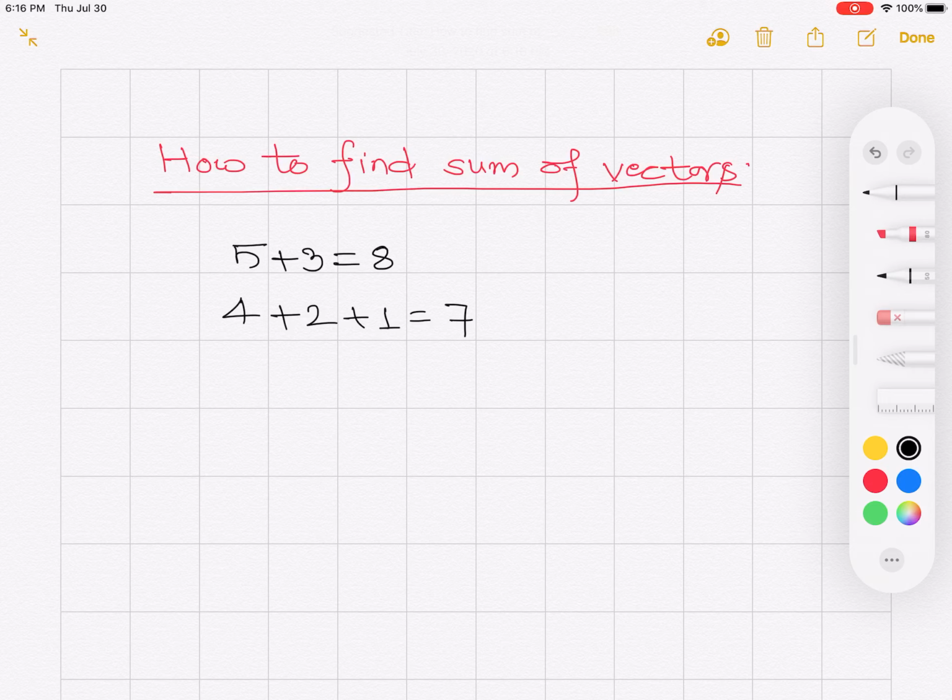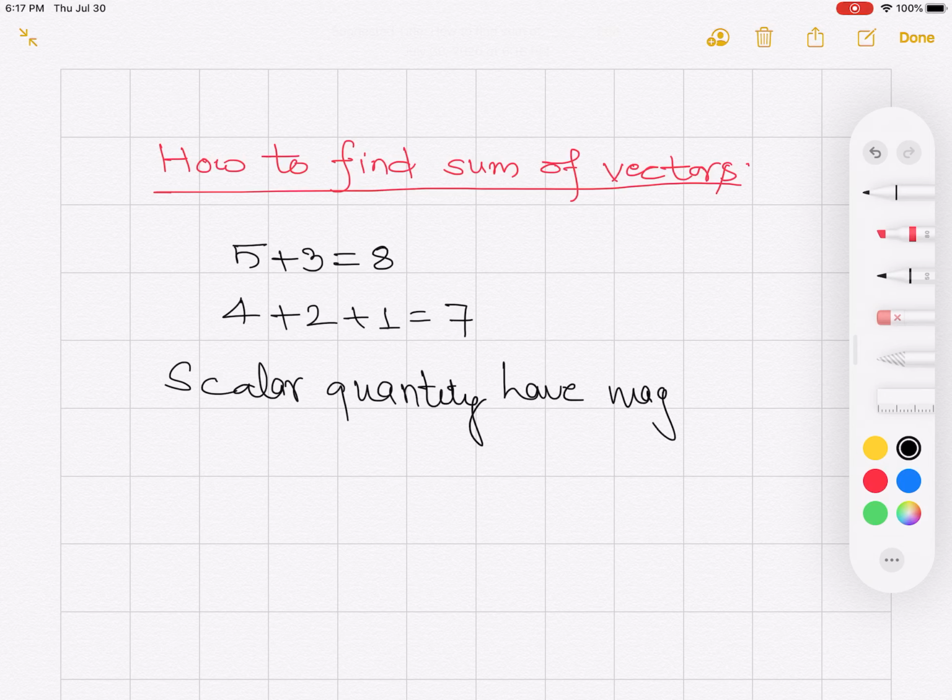The scalar quantity has magnitude only. That's why we can add them directly.